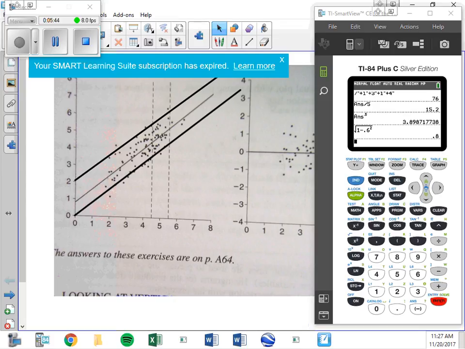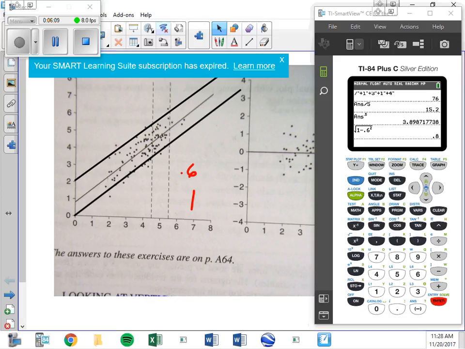So when we draw, well, yeah, the SDY is always going to be larger than the RMS error. So if the RMS error is 0.6, then you could take the R value and undo it, and you would probably end up with a number close to 1.